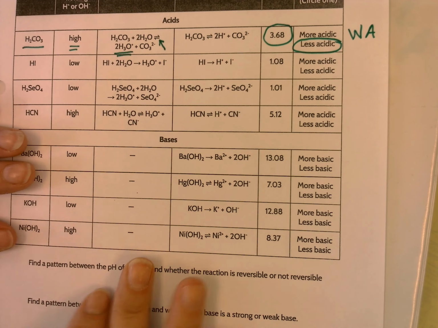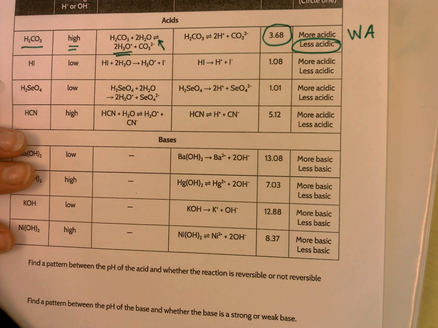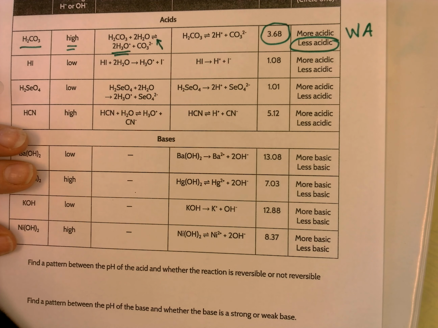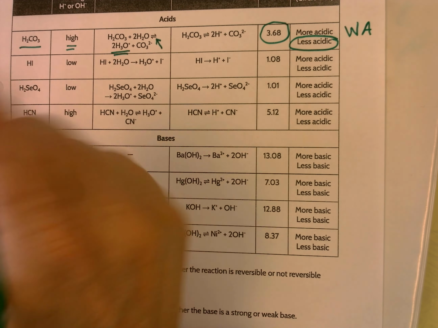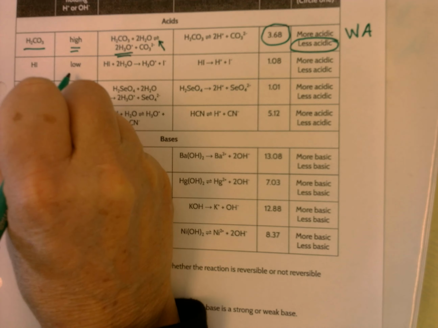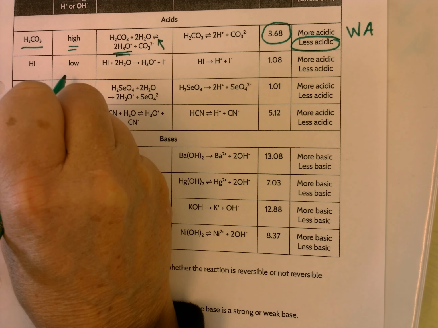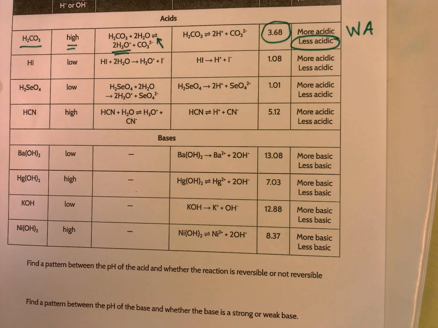Now, let's look at hydrogen iodide. Well, this is hydroiodic acid, hydrogen iodide. Iodide has a low grip on those hydrogens. So in other words, basically, iodine doesn't care what those hydrogens do, where they go. So there's a huge number of them that are floating freely, right?